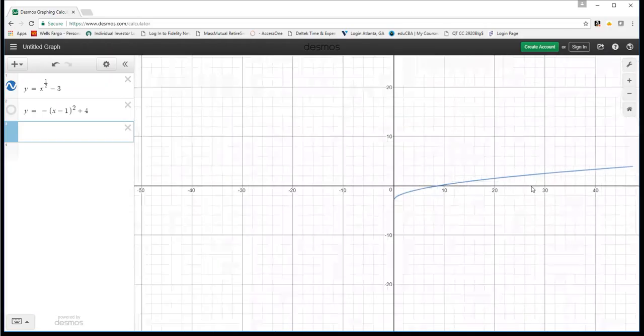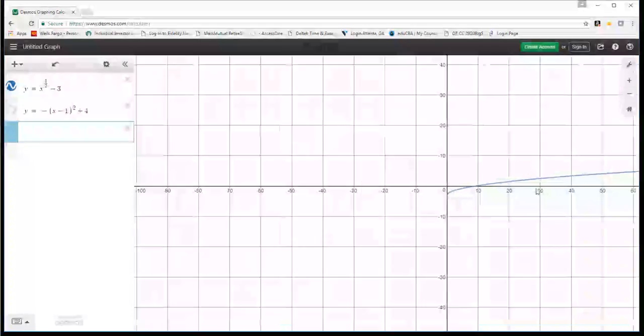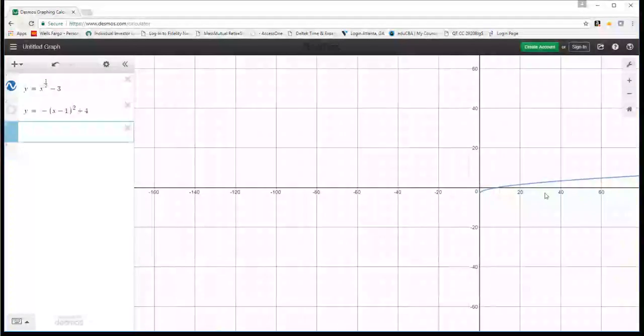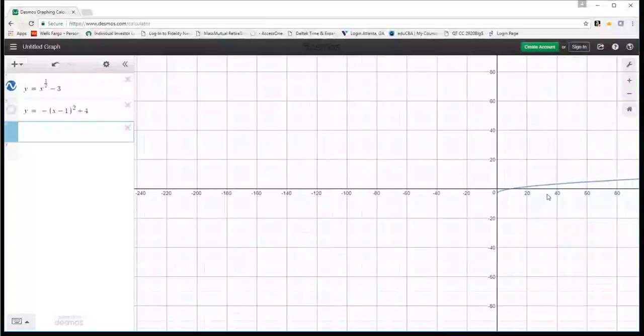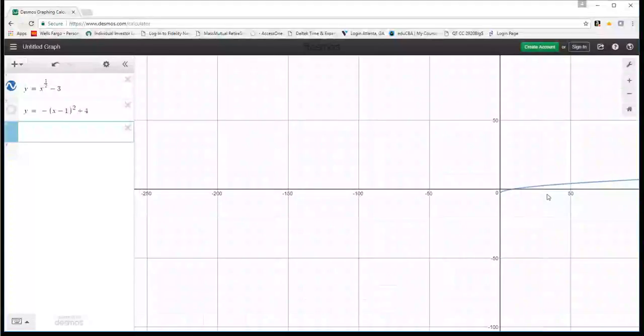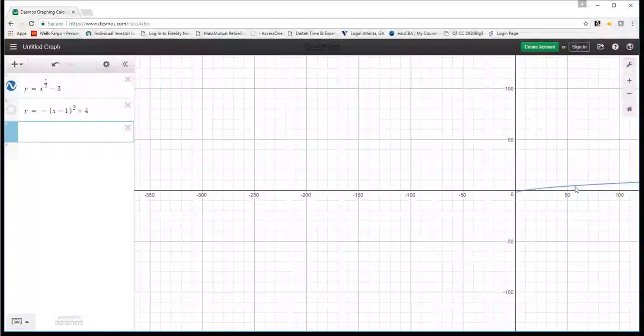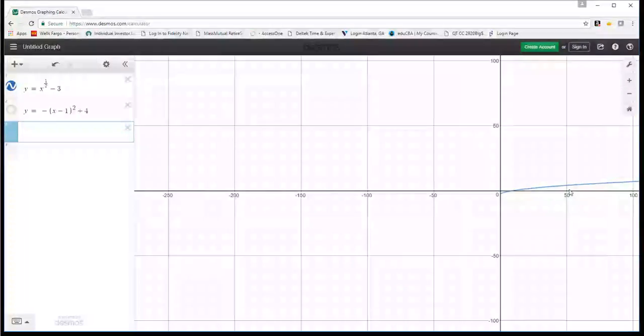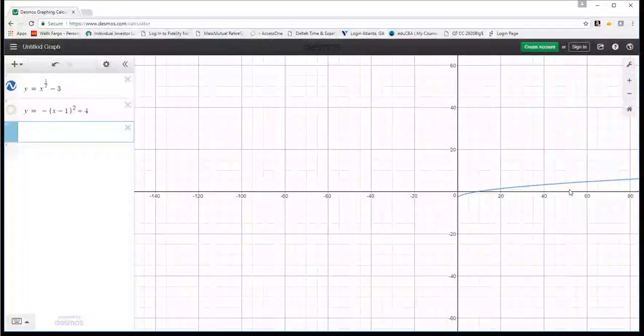And I'll zoom out here, and you can see that y is going to increase at a slow rate, but there's no asymptote here that says y can't get bigger than a certain number.